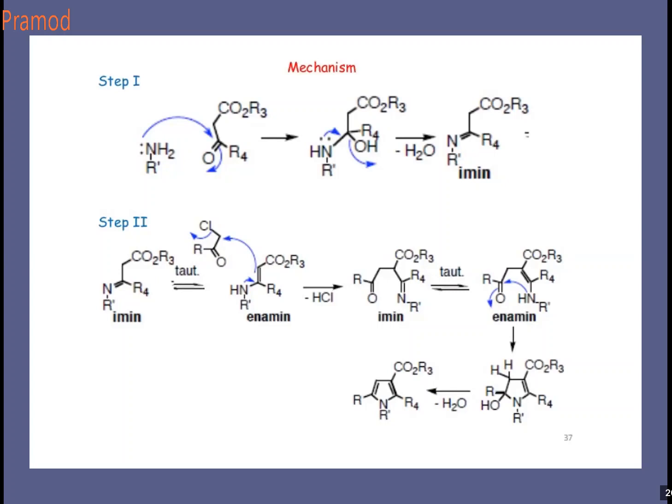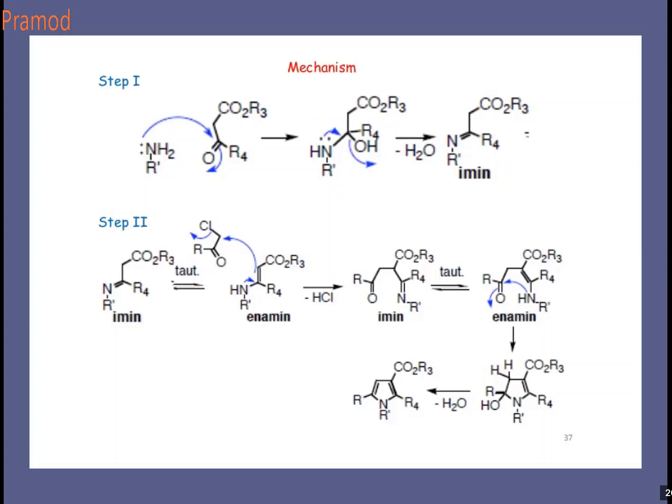You get a cyclized product which is similar to that of your previous reaction, that is your Knorr synthesis. And this is the mechanism of action of your Hantzsch reaction.